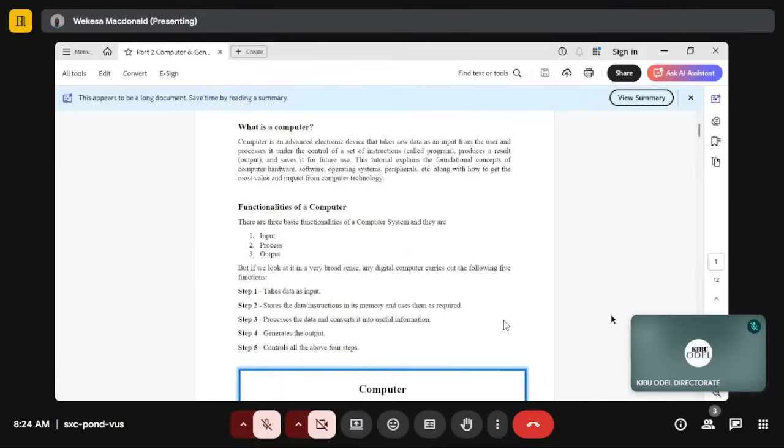Cherry Nando anasema computer is an electronic device that convert data into information. Peter Wekesa anasema is an electronic device that is used to receive data, process it and store it, with high accuracy and speed.